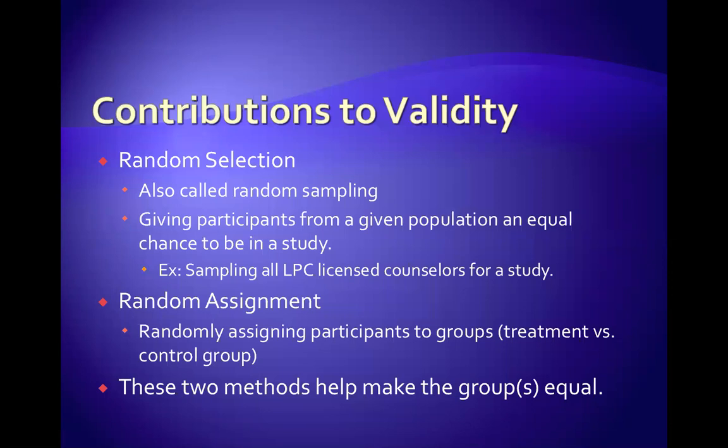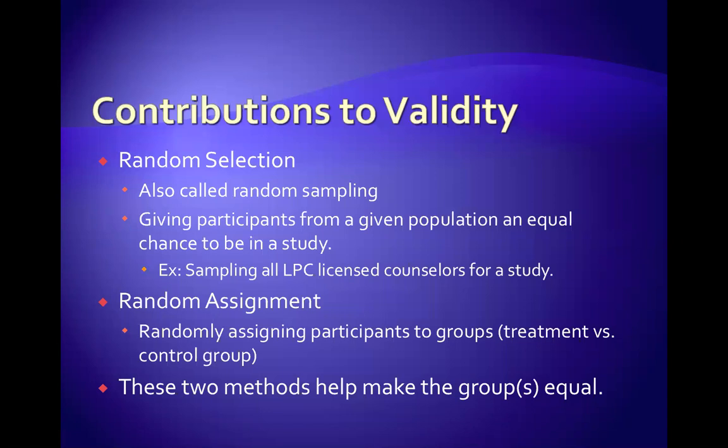So you might randomly select, out of all 50 states, 5 states, and then randomly select out of those 5 states, let's say 400 people per state, out of the list of all LPCs on the registers of those states, something like that. I mean, that's kind of an extreme and almost impossible example, but it's an example to give that you could.